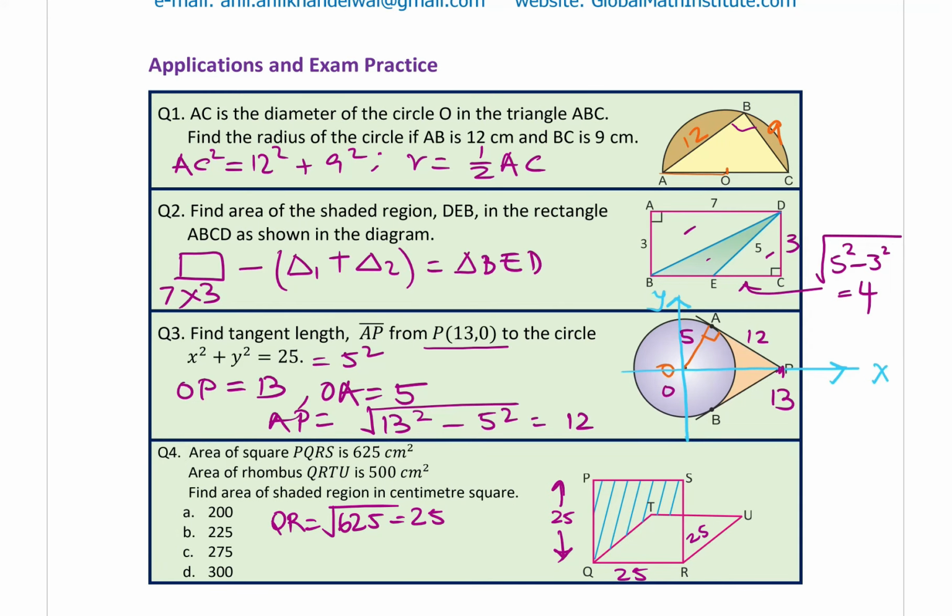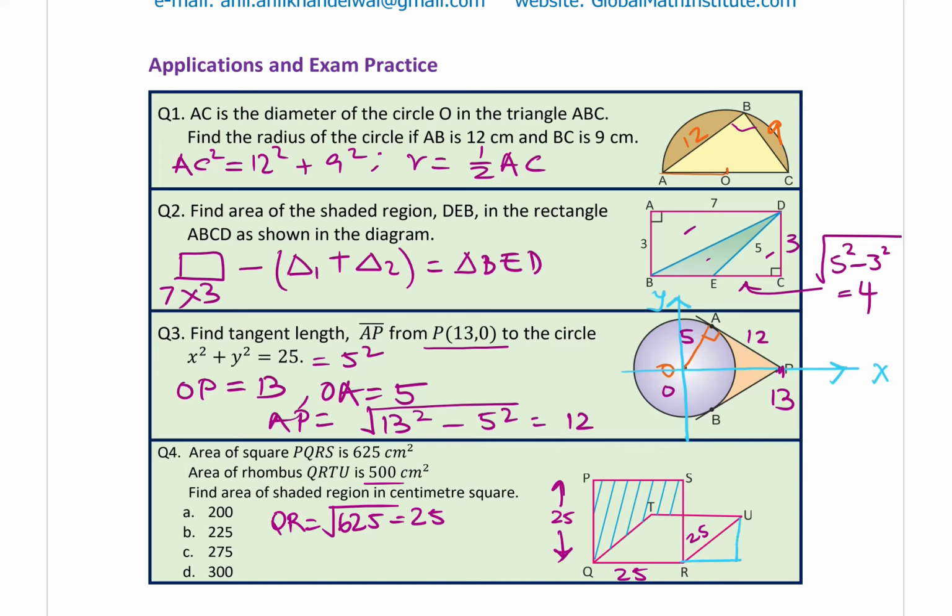Now, for the rhombus, the area is 500 centimeters squared. How does that help you? Well, for the rhombus, what is the area? It is base into height, right? It is basically a combination of two triangles. So, think like this.